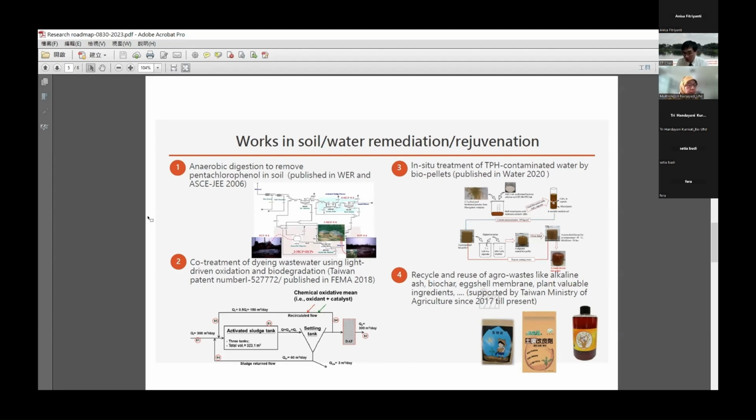We degrade total petroleum hydrocarbon in the contaminated groundwater, and we also try to remove tetrachloroethylene. TCE is a carcinogenic substance in the groundwater, and both contaminations are very serious phenomena in Taiwan.